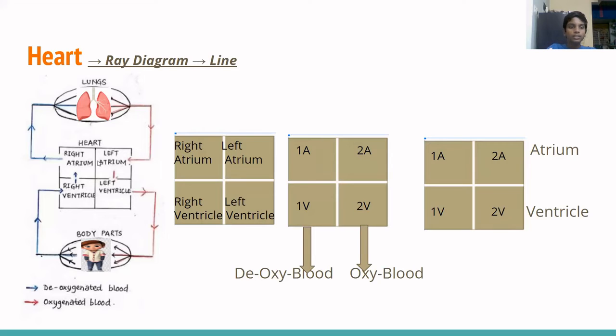First from the lungs to the left atrium. From the left atrium, it goes to the left ventricle, and from the left ventricle, it goes to the body parts. From the body parts, it receives deoxygenated blood to the right atrium, to the right ventricle, and then to the lungs to get reoxygenated.